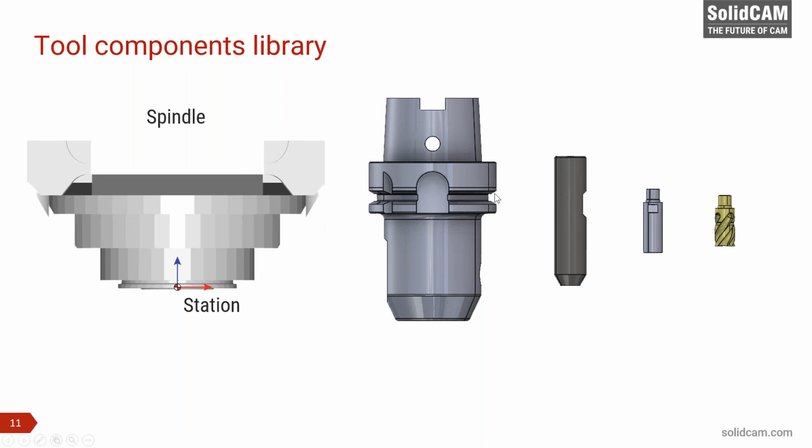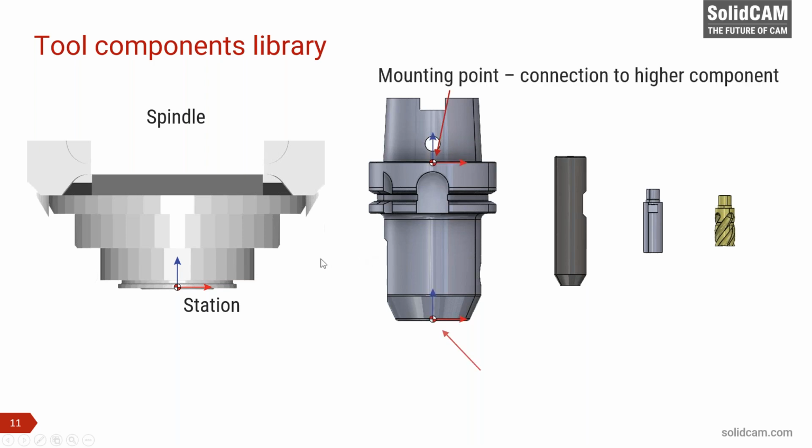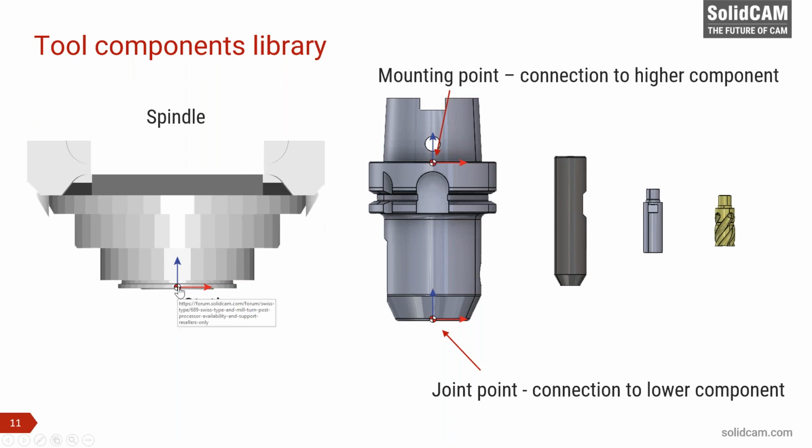Now, each of these elements actually has two points. The first point over here is the mounting point, and over here at the bottom we have a joint point. The mounting point is, I would say, simple. It's basically a connection to the higher component. I say this to the higher component, but if this element is your very first component, it will be attached to the station itself.